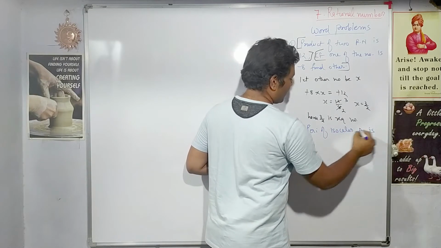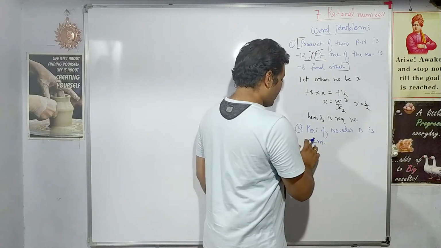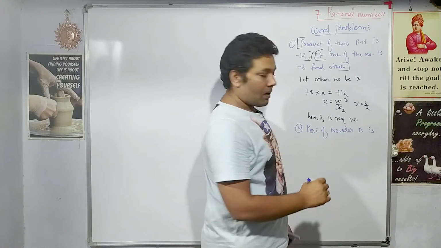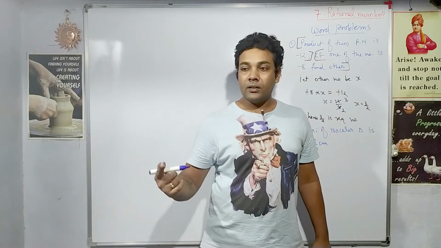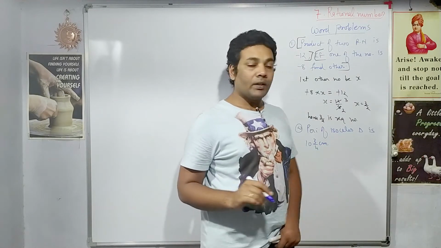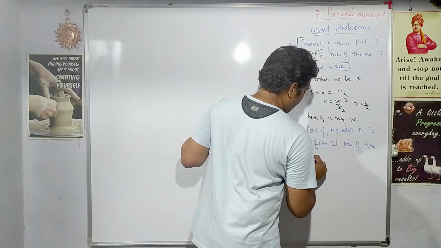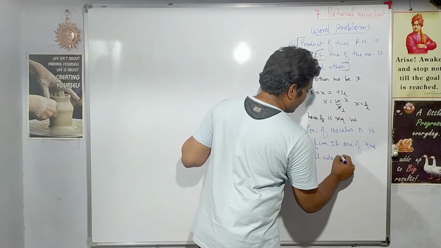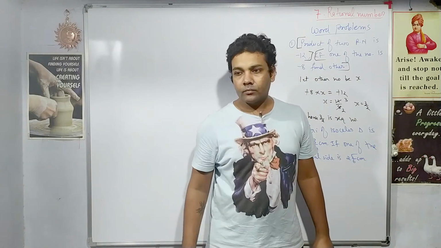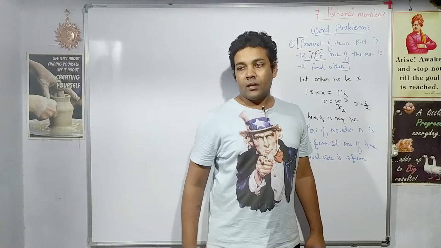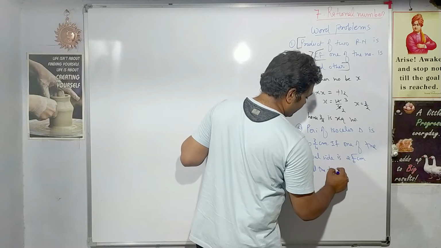If one of its equal sides is 2 integer 5 by 6 centimeter, find the third side.